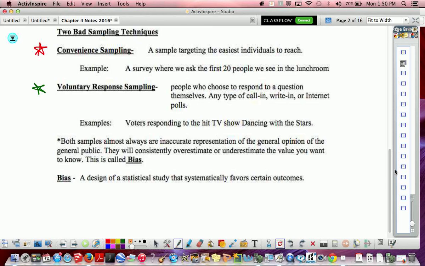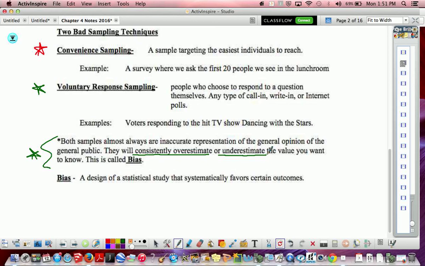So now, both these samples tend to lead to some sort of bias. And when we talk about bias, we're talking about a sample that will consistently either overestimate or underestimate the true value that you're looking for.